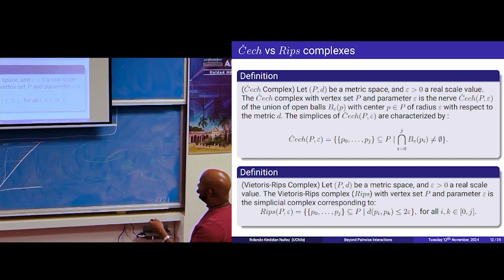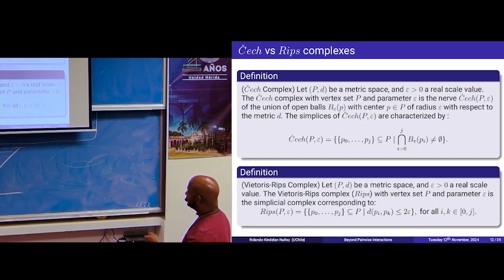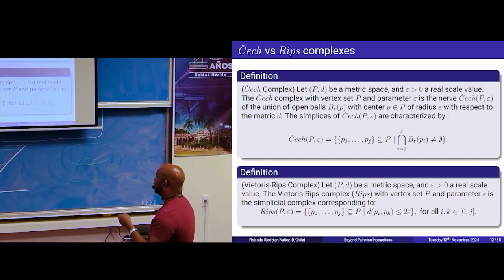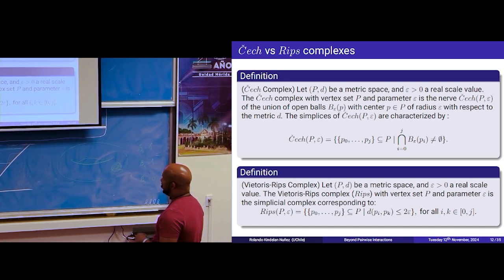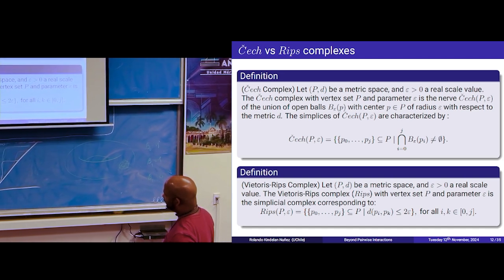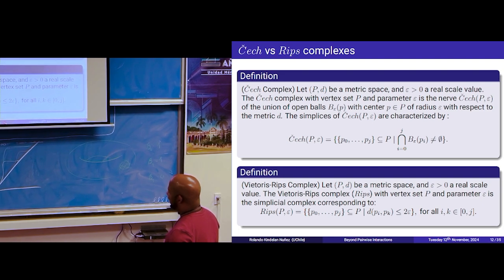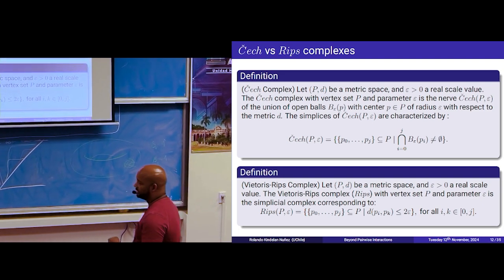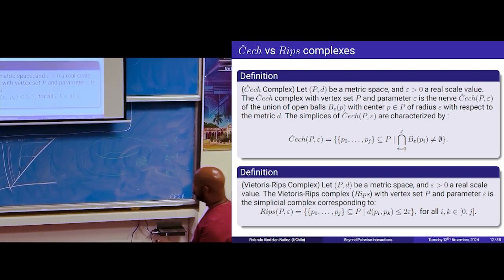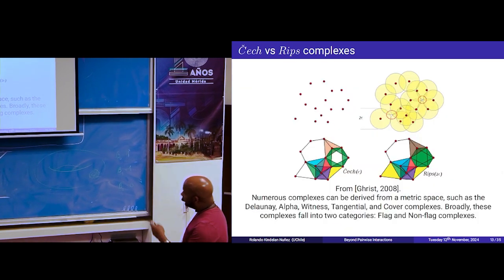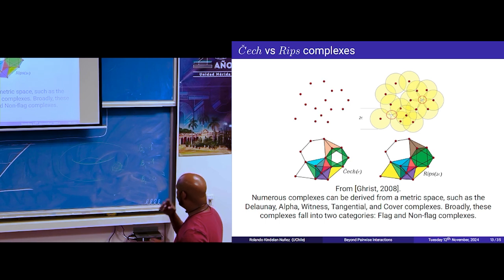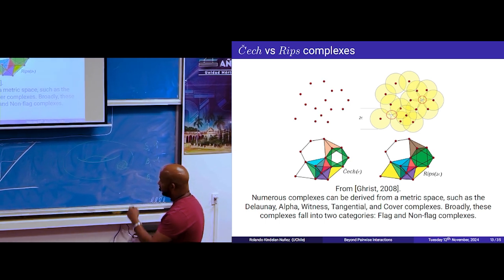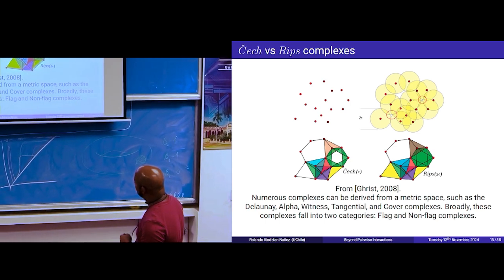But basically, Čech requires evaluating all non-empty intersections between open balls around the points, and the Rips only takes care of the pairwise distance between the elements. So this is an example of the difference between those complexes.